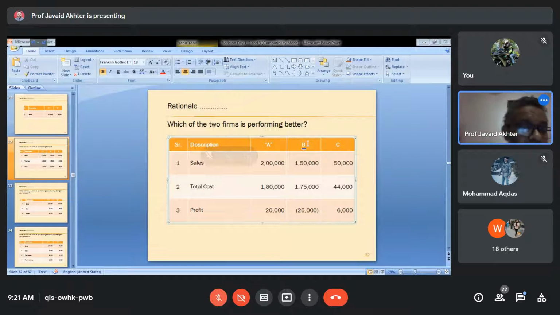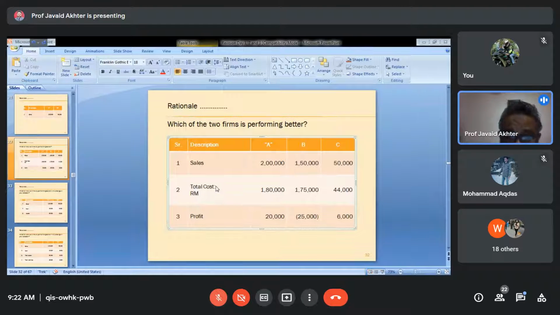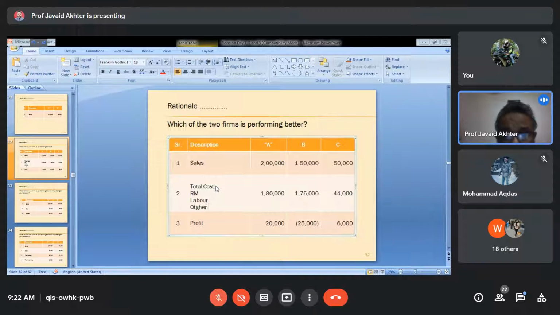Not only this, we may split this total cost into various other components, like how much we are spending on raw material, how much on labor, and how much on others, or miscellaneous, or overheads.